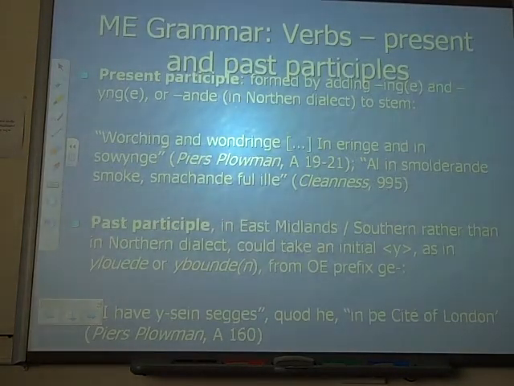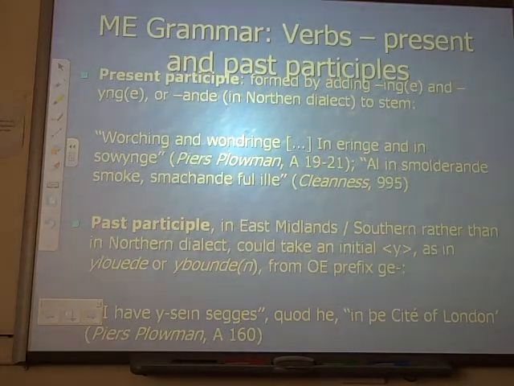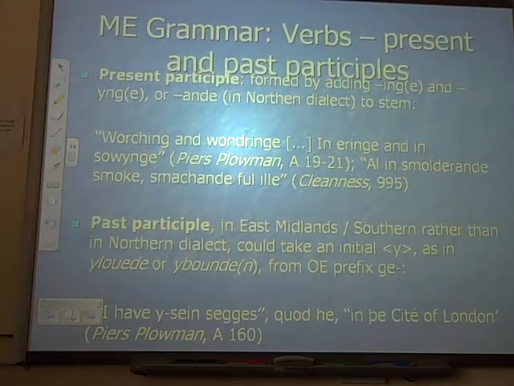Present and past participles. For the most part, certainly in East Midlands and Southern dialects, it's the same as now: ing. In the Northern dialect, it's and. As you'll see when we look again at Gawain and the Green Knight, that talkand, which is predominant. So Piers Plowman, which is a Southern text: working and wandering, in earing and in sowing, as in corn.